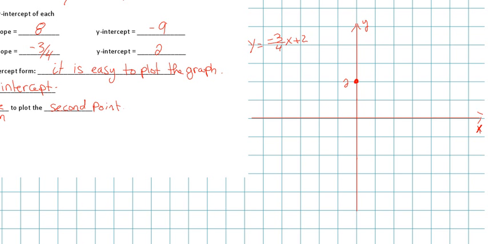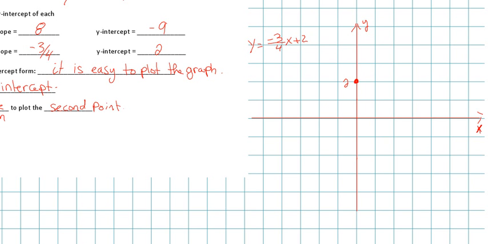Now, my slope is telling me what? Can you describe the slope for me? Go down 3 and then over 4. The rise over the run. So this is vertical, this is horizontal. This is telling me go down 3 over 4. So I'm going to take my point and count 3 down: 1, 2, 3.